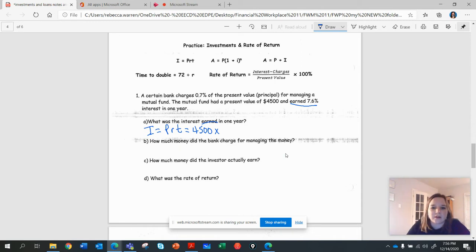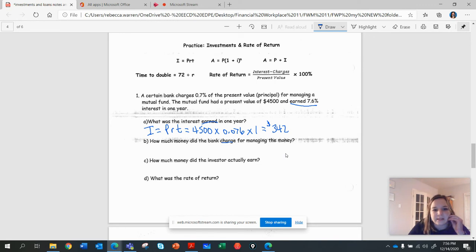So 4,500 times 0.076 times the length of the term, which is 1 year. So 4,500 times 0.076 times 1, you plug that into your calculator and you should get $342.